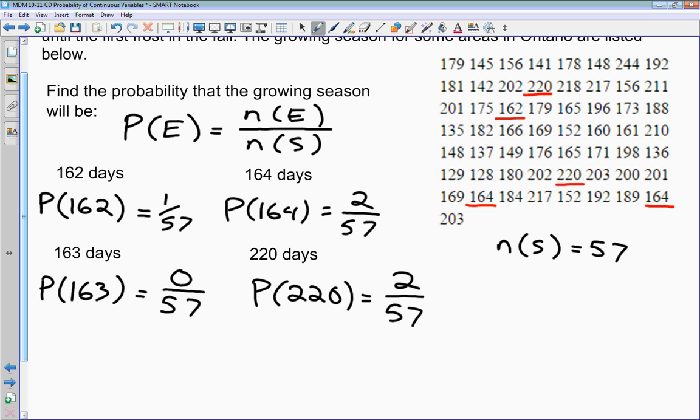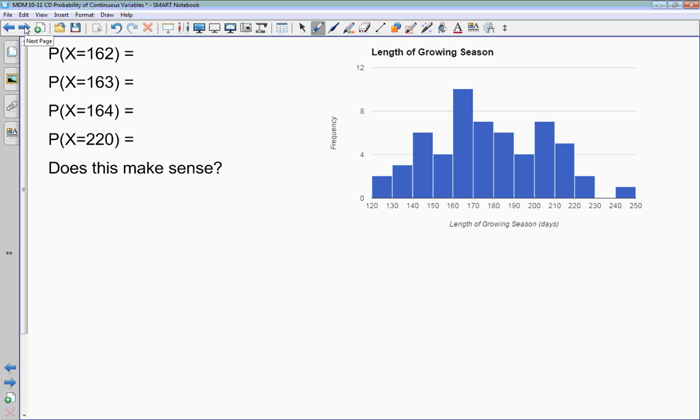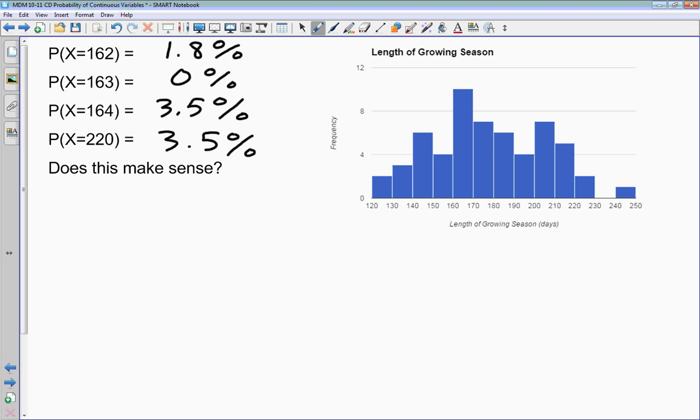So we might take these numbers, turn them into percents, and think about whether these make sense. 162 days, we get 1.8%. 163 days, we get 0%. 164 days, 3.5%. And 220, 3.5%. Does this make sense? I've taken the data and put it together into a histogram.